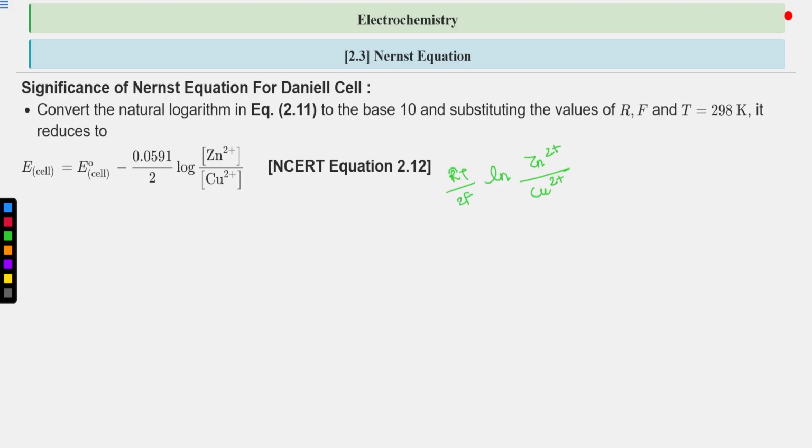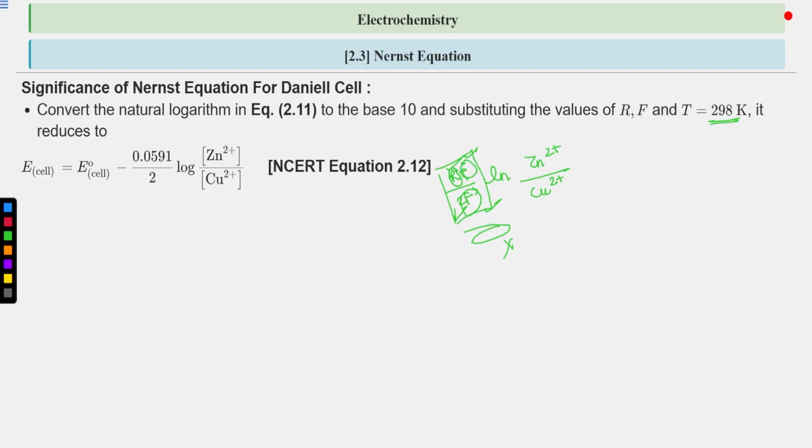We have put in the gas constant value, the F value and the T value as 298 Kelvin, and the 2 is already present, so you can solve this fraction. Let's suppose this fraction is x.